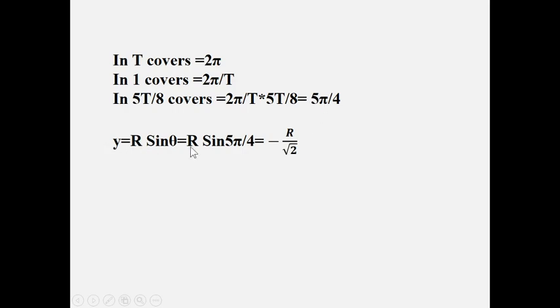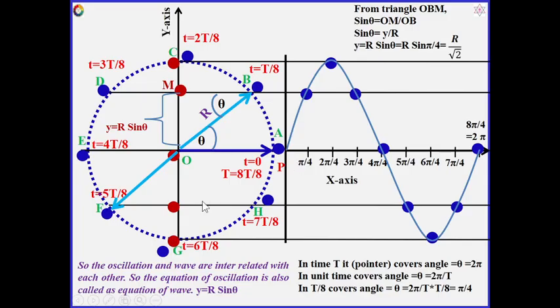So y equal to r sin theta, that means y equal to r sin 5 pi by 4, will be minus r by root 2. So minus r by root 2 means this distance. If we consider 5 pi by 4 angle, the displacement along the y-axis will be minus r by root 2.